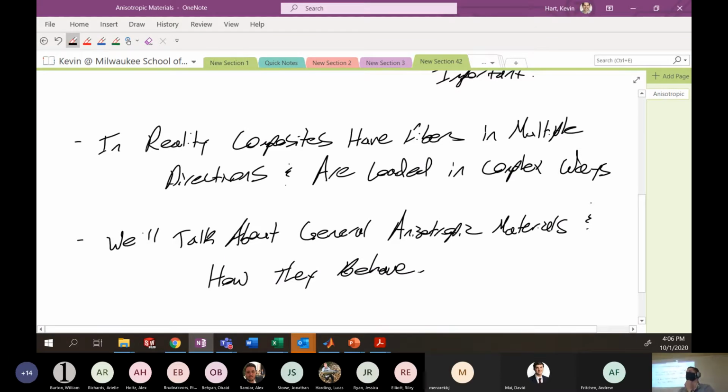Okay. I will make the last comment here that we're going to be pretty mathy over the next week and a half. That's because we have to strip away what you might naturally think of as an isotropic material, same behavior in all different directions, and talk about loading a material in a variety of different ways and along a variety of different axes.